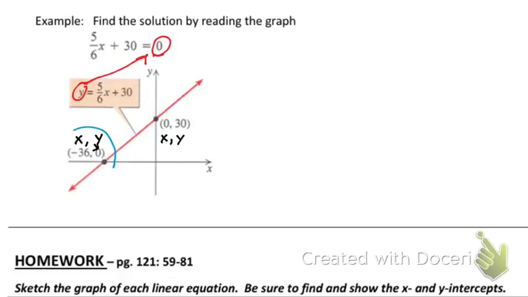Well, that's just the point right here. That's where y equals 0. So this problem requires no algebra, and it's just x equals negative 36, and you move to the next problem. If you wasted time actually solving this, subtracting 30 and then multiplying by 6 over 5, you wasted a whole bunch of time when you should have just been able to circle it and write down x equals negative 36. All right, questions on anything we covered?